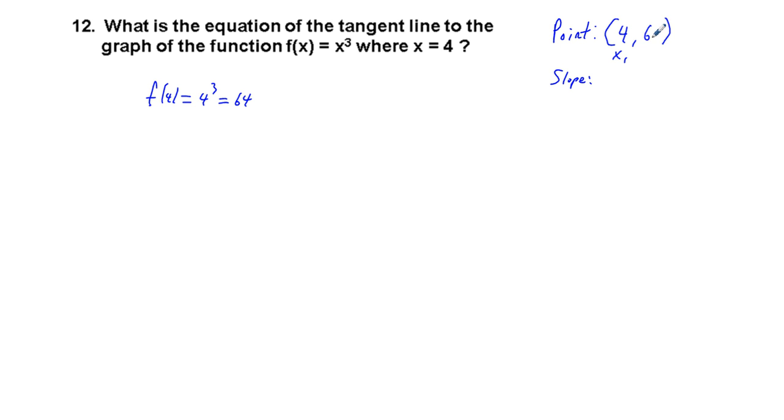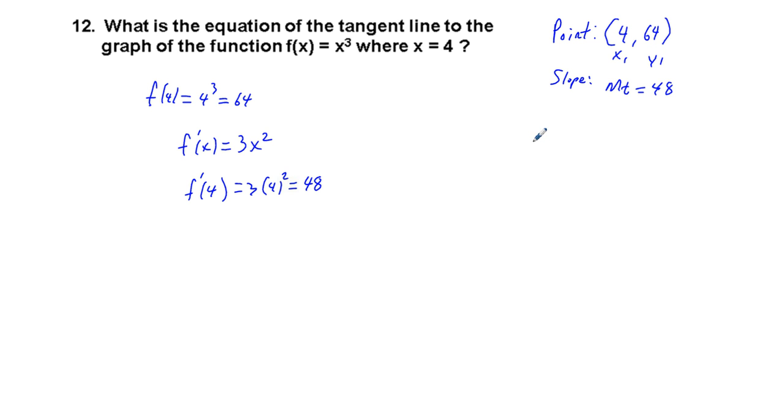So there's 64. That's our y1. And then our slope. Well, let's find f prime of x. That's going to be 3x squared. And we want to find f prime of 4 to find our slope. So we get 3 times 4 squared, which equals 16 times 3, or 48. So we'll say m sub t equals 48.